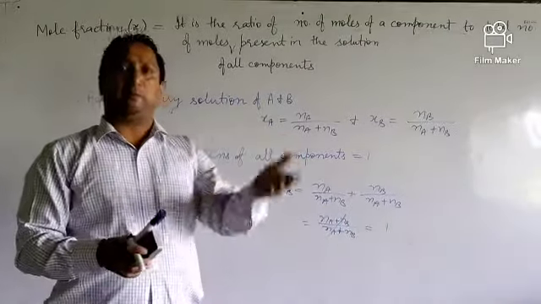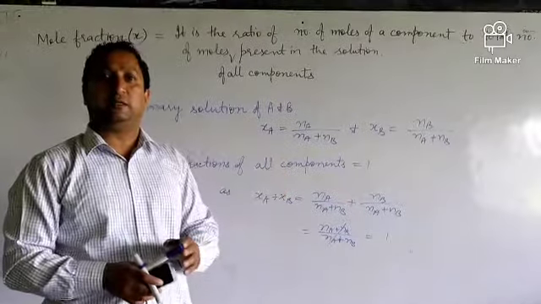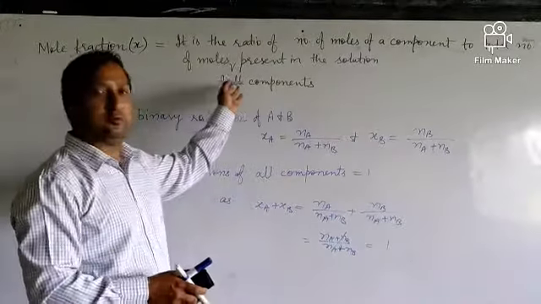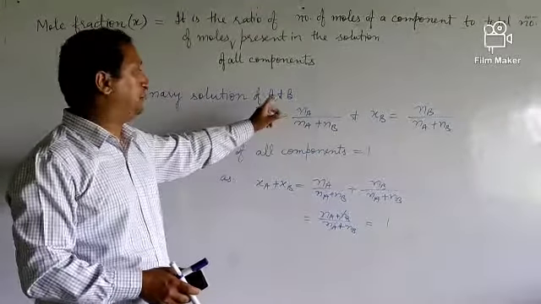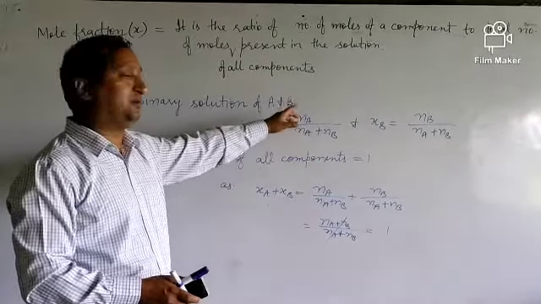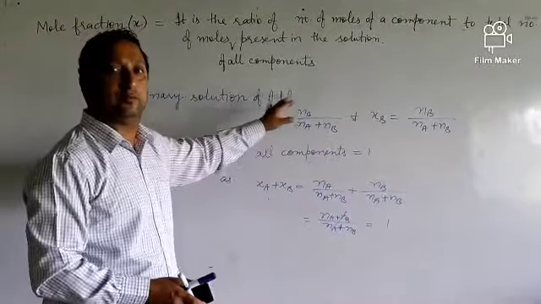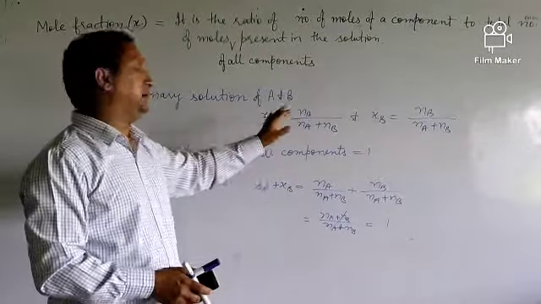It may be 2 components, 3 components, 4 components. So sum of number of moles of all the components should be taken in the denominator, and number of moles of one component taken upwards. Then we find out the mole fraction of that particular component.